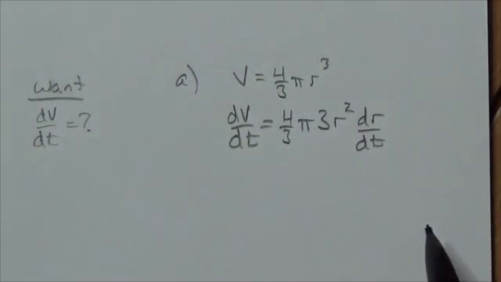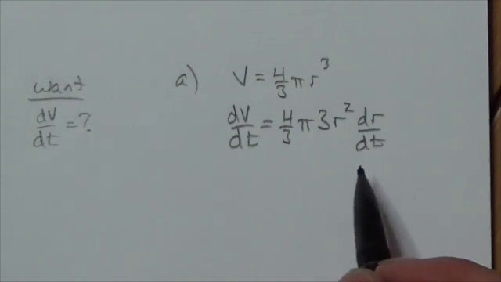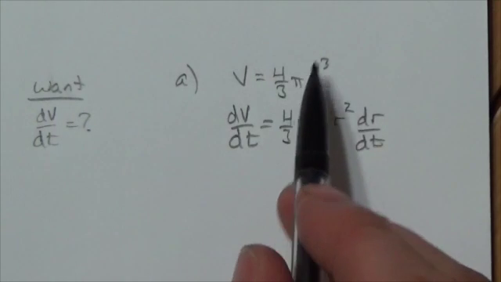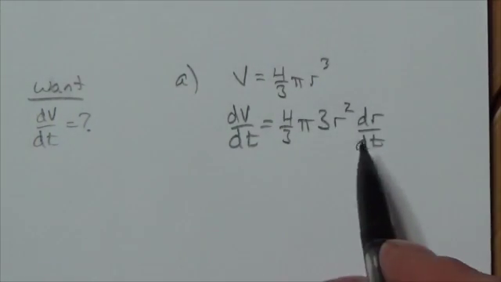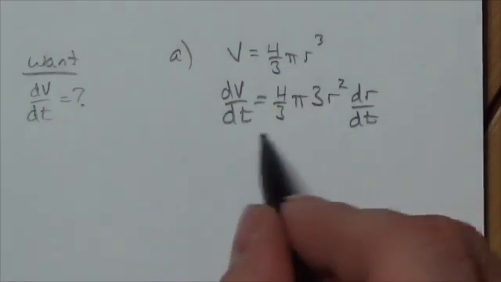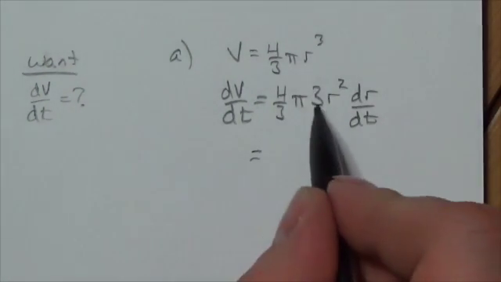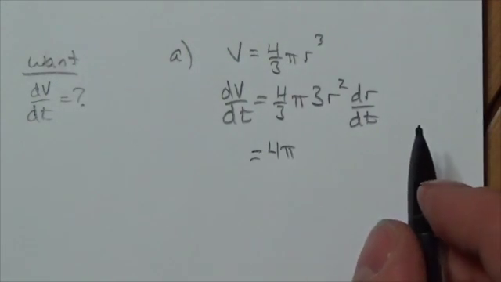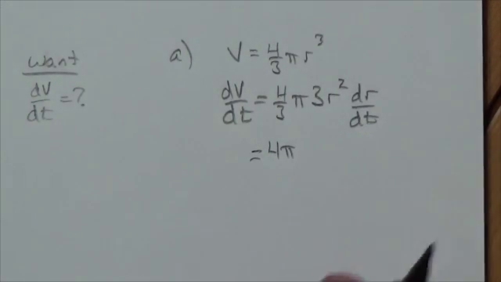This is the chain rule: bring down the 3, subtract, then multiply by the derivative of what's inside. The 3's will cancel, and now I can substitute in the value of the radius.